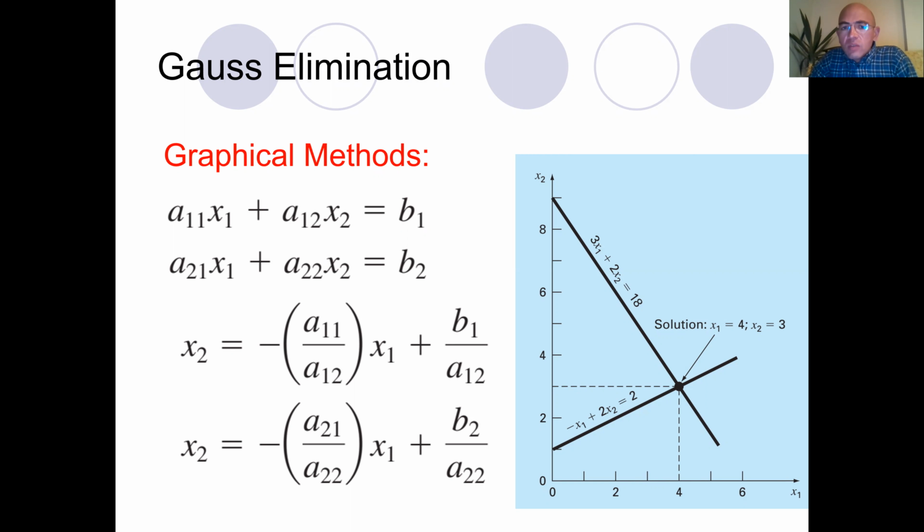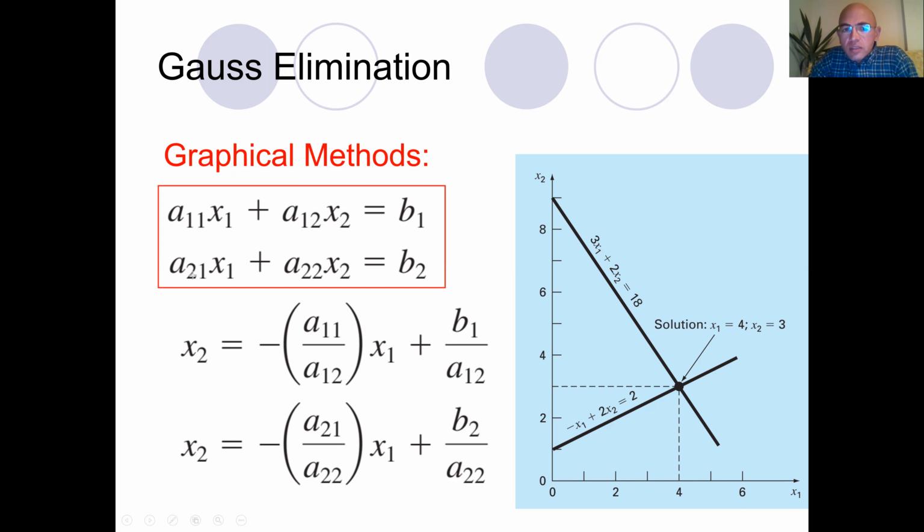Of course, when the number of unknowns is small, you can use graphical methods. And certainly, in many cases, if you have 2 unknowns and 2 equations, as is the case here, for example, here we have a11 multiplied by x1 plus a12 multiplied by x2, that's equal to b1.